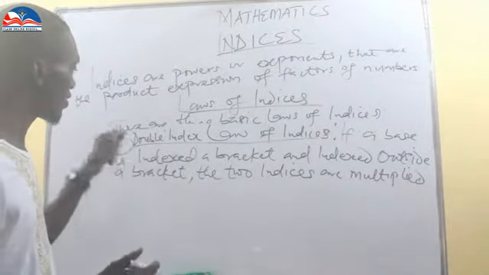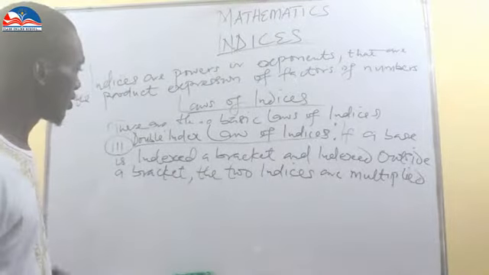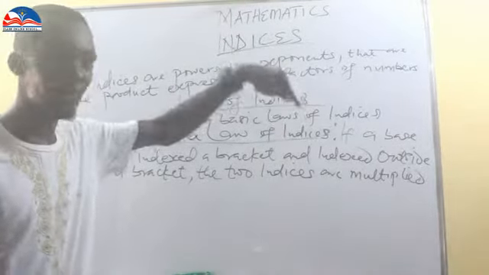That if a base is indexed in a bracket and indexed outside a bracket, the two indices are multiplied.